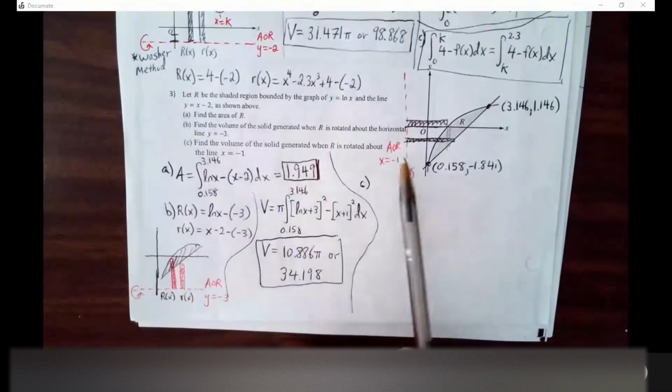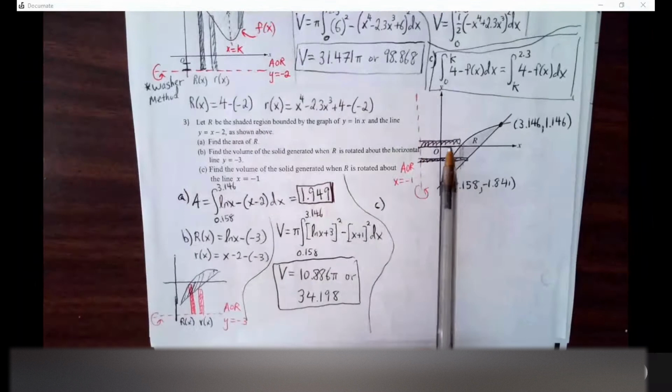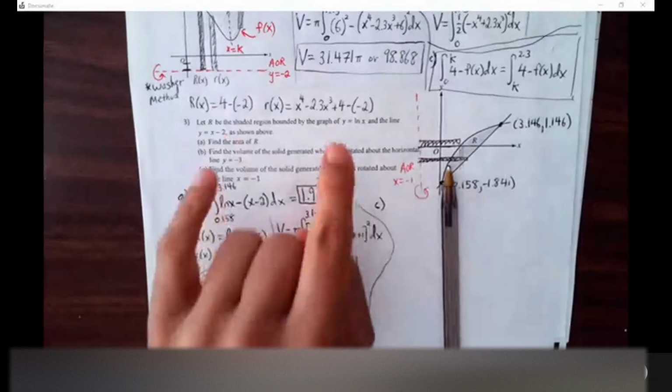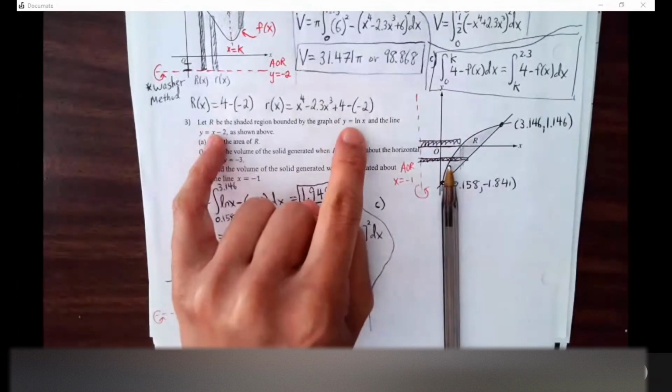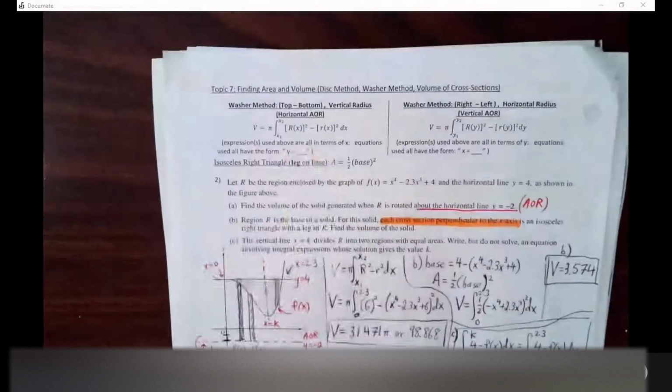But anytime you see a horizontal radius, that should be a red flag, because that means we most likely will have some additional work in terms of setup. What I mean by that is, if we do right minus left, the equations that are given to us are not in the proper form. We have to rewrite them as x equals. Everything has to be in terms of y.